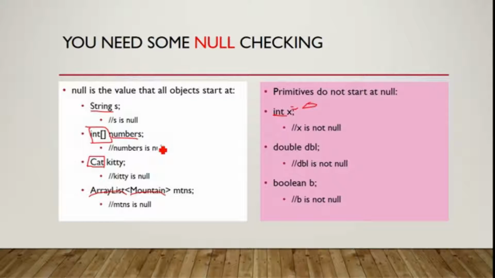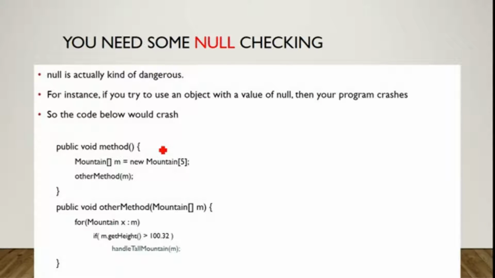So what is this null checking then? Well, as you saw on the other slide, if you try to use an object that has a value of null, your program crashes with a null pointer exception. In the below code, you'll notice that we make an array of mountains, so those are all objects, but we never actually initialized each of those mountains inside.